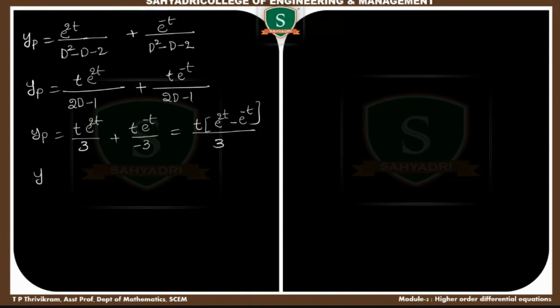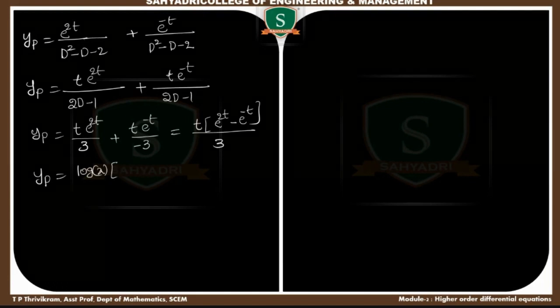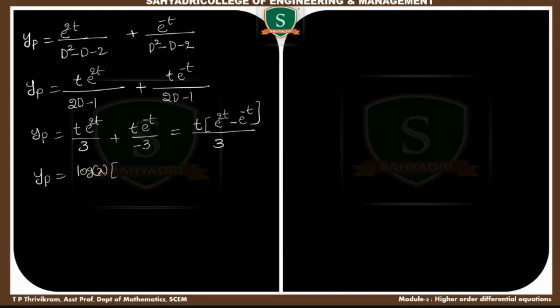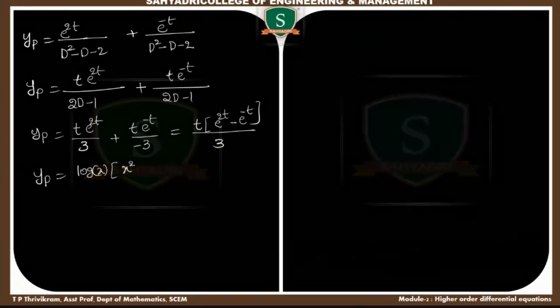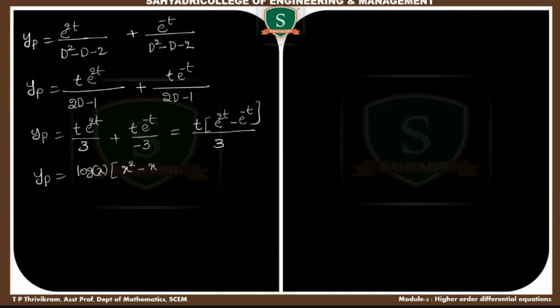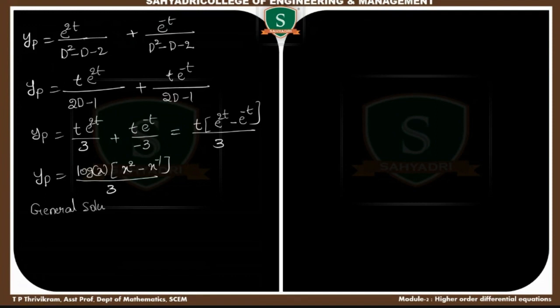So yp is equal to, written in terms of x, log x into e power 2t, which can be written as x square, minus x power minus 1, whole divided by 3. Therefore the general solution is y is equal to yc plus yp.